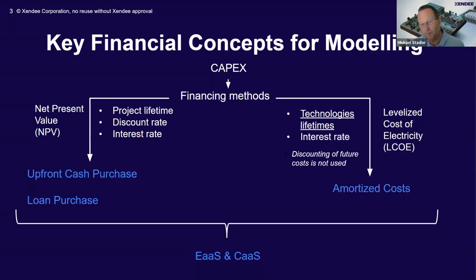In contrast, when we do a levelized cost of electricity calculation, which is also called amortized cost calculation, the costs are based on the technology lifetime, each individual technology lifetime, and an interest rate. There's no discounting. And I will talk about these differences a little bit more later on, but they really drive the differences here. And in Xendee, you can then combine amortized cost or levelized cost optimization and net present value optimization also with energy as a service and the charging as a service approach. So next slide, please, Rita.